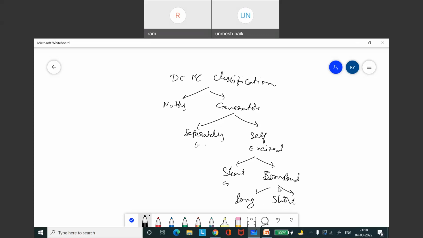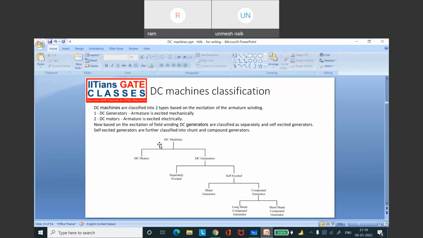In case of a DC generator, the armature is rotated mechanically. In case of a DC motor, the armature is excited electrically. So DC machines are classified as motor, generator, separately excited, self-excited, and so on.